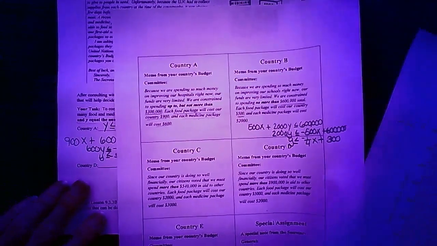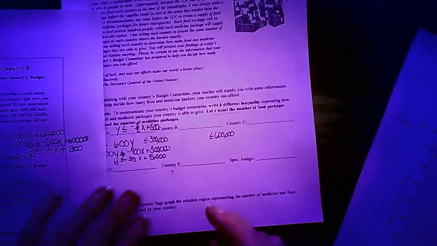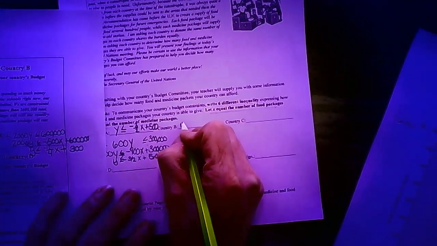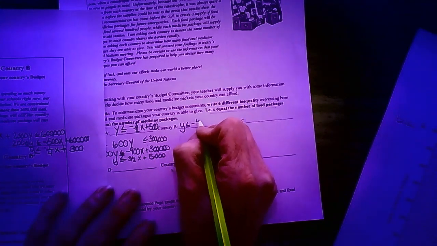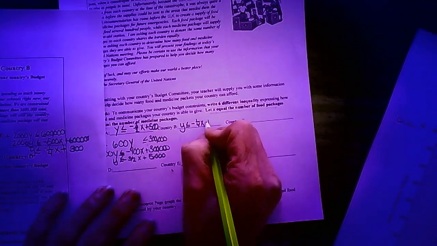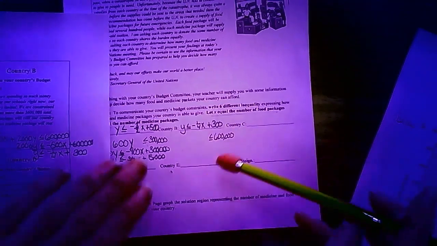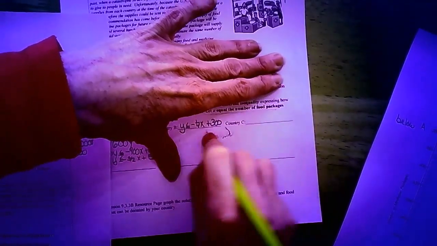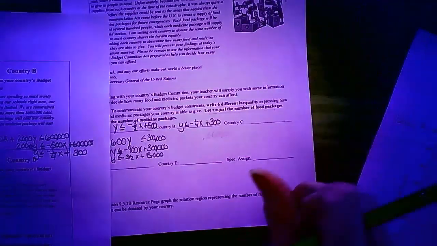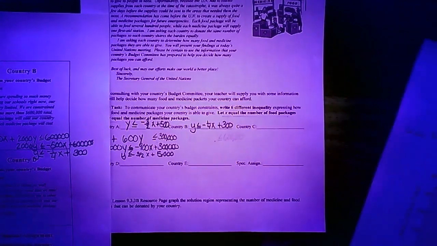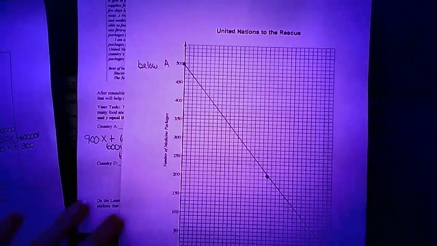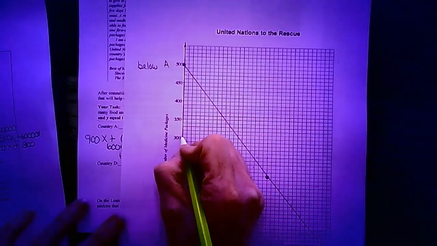So on the front sheet for country B, let's just write down our final inequality. Less than or equal to negative 1/4 x plus 300. Okay? So I'm going to let you graph that. When we graph it, you're going to start at 300, right?